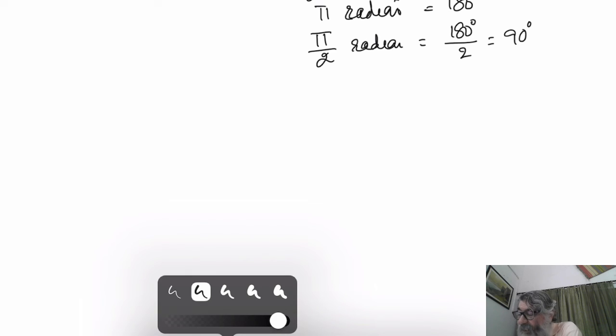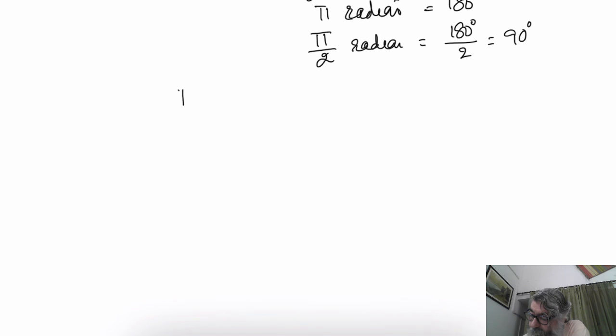Actually, what is the relationship, how do we change radian into degrees and degrees into radians? There's a formula to remember: D upon 180 degrees is equal to C upon pi, where D is the angle in degrees and C is the angle in radians.